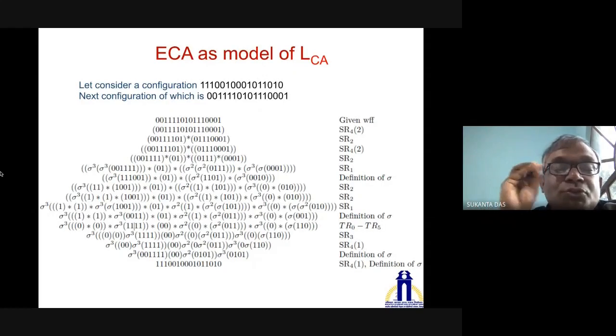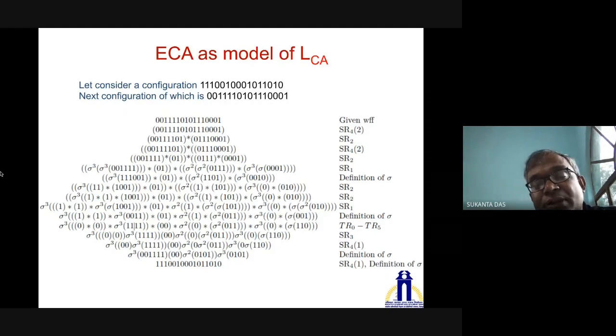Then we use temporal rules, and as usual we apply some elimination rules, and finally we reach 1, 1, 1, 0, 0, 1, 0, 0, 0, 1, 0, 1, 1, 0, 1, 0. So from the first configuration given here, I have to reach the other configuration. It is a derivation from our previous definition.